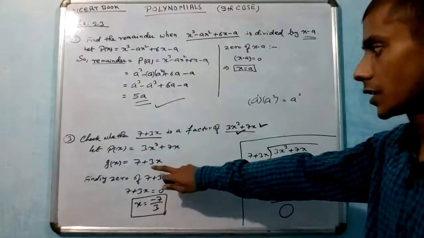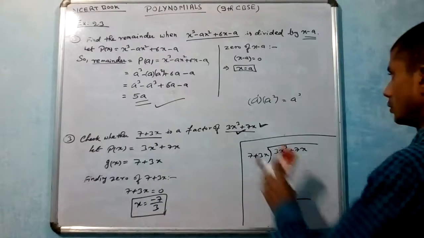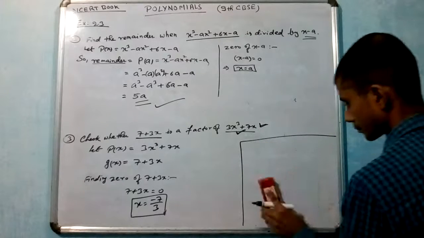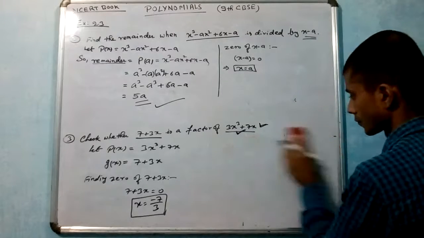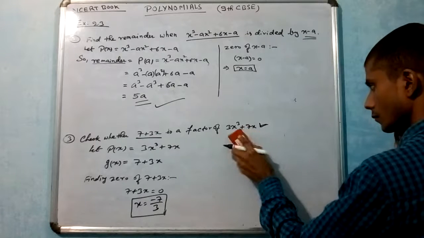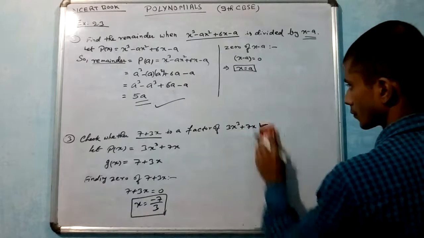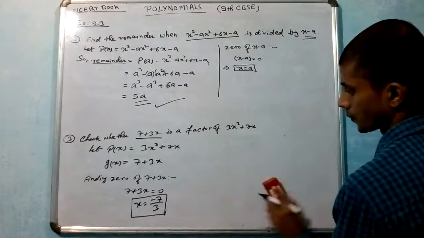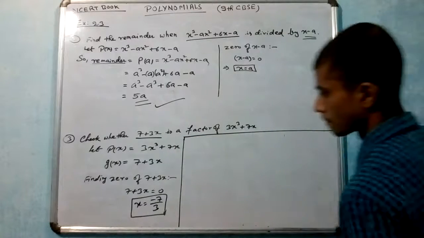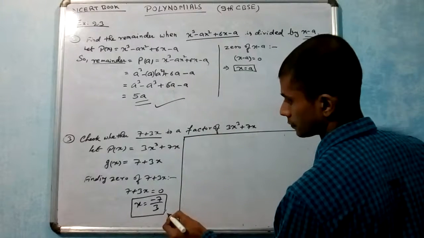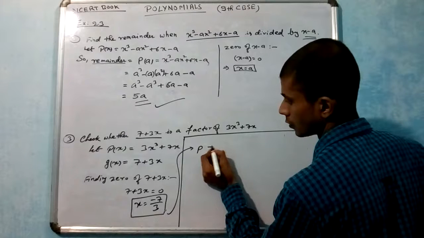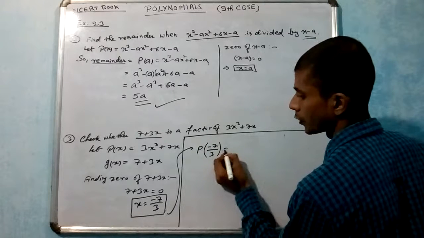Now what to do with this zero? We will find p of minus 7 by 3.